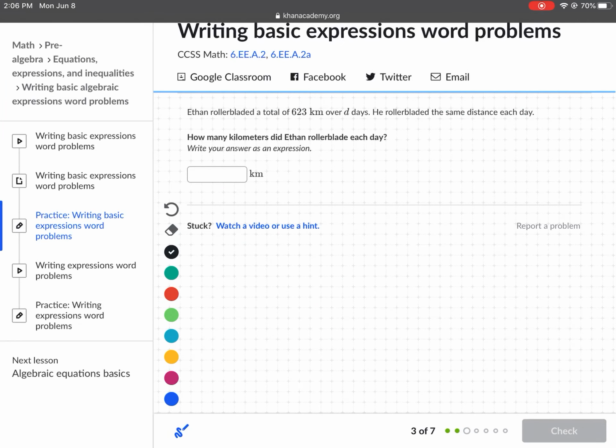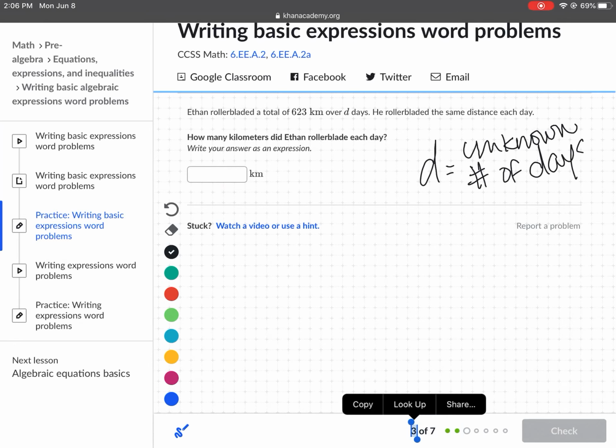All right, Ethan rollerbladed a total of 623 kilometers over D days. So D is going to stand for an unknown number of days. Okay, and so he rollerbladed the same distance each day.